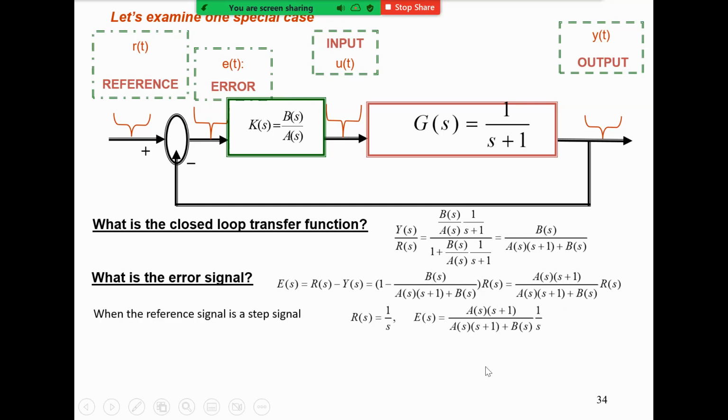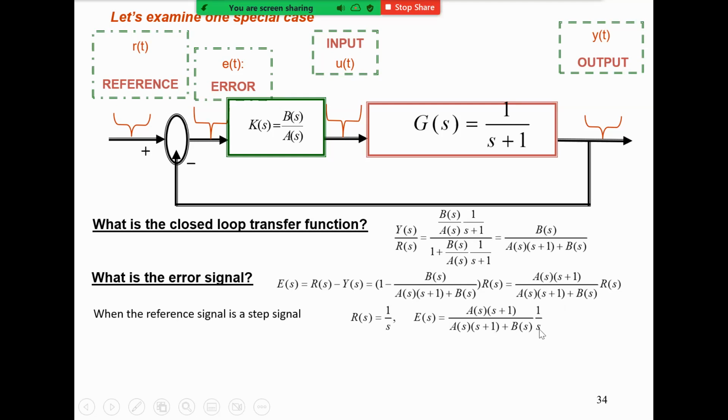Now remember, what is the objective? The objective is that we will try to make this error signal go to zero when the reference input is a step signal. Remember, 1/s is the Laplace transform of a step input.